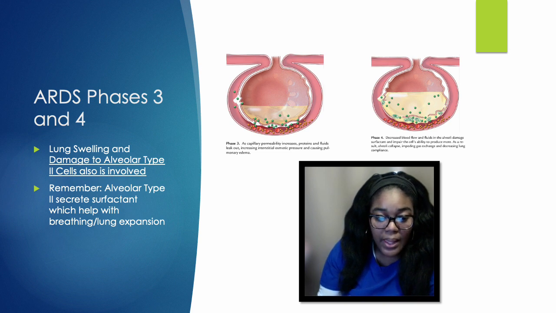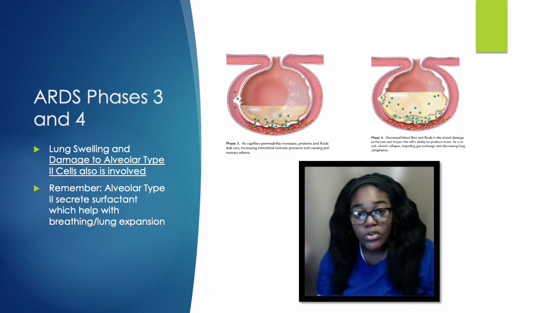So we have swelling and damage to the alveolar type 2 cells, particularly the ones that help produce surfactant. As we talked about in previous lectures, alveolar type 2 cells help with lung expansion, and it also helps with decreasing fluid accumulation in the lungs. So those cells are also damaged due to pulmonary edema.